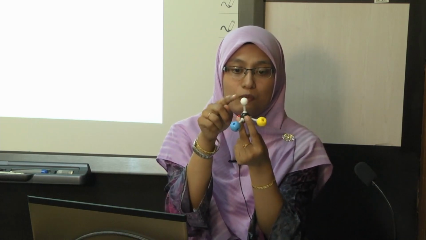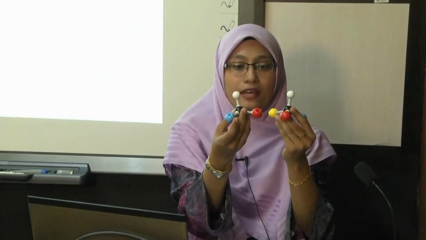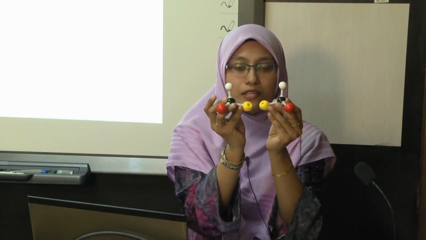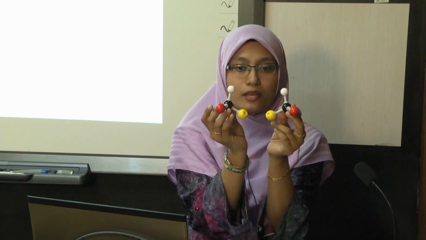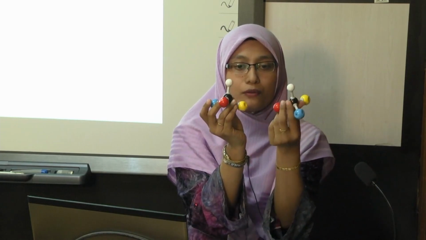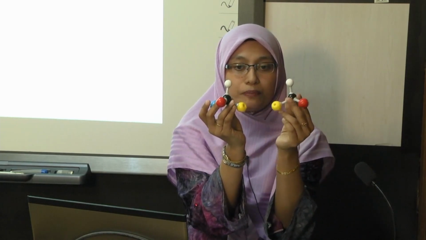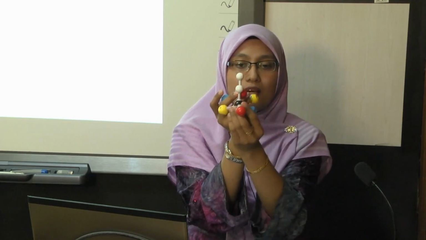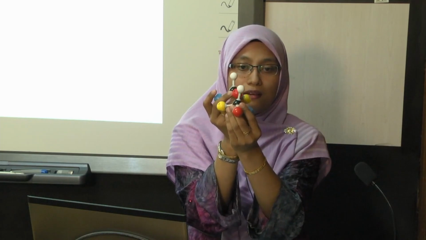We have the bromine in red, chlorine in blue, fluorine in yellow, and then also hydrogen in white. When I have its mirror image, let's say the fluorine is pointing to each other. No matter how I rotate my left molecule, it is non-superimposable to my right-handed molecule.